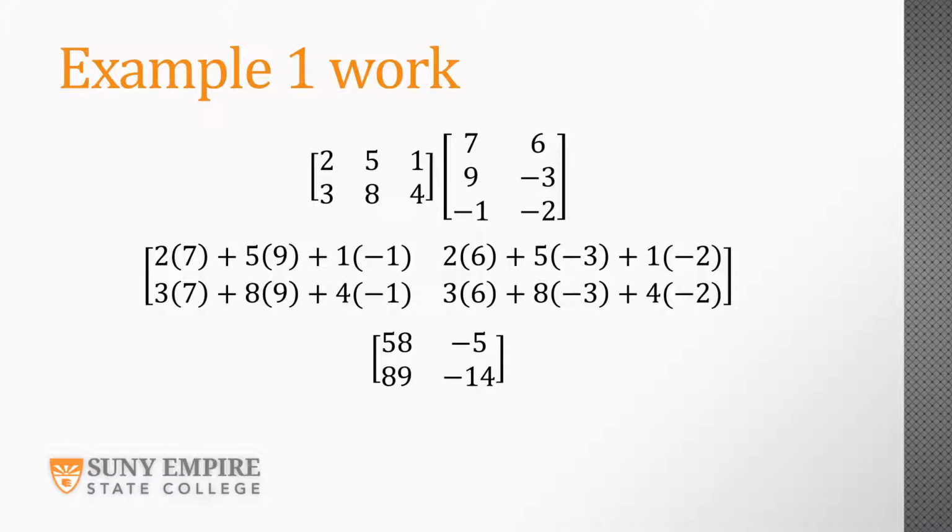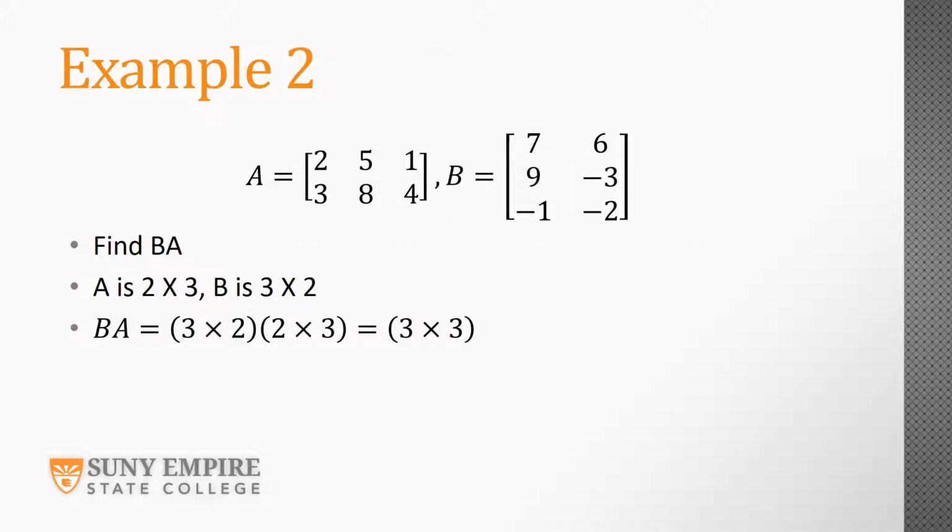But what happens if we do matrix B multiplied by matrix A? If we want to find BA, again, we need to ensure it is possible by comparing the dimensions. A is 2 by 3 and B is 3 by 2. When we write the dimensions in the correct order, the inside numbers are both 2. So the multiplication is possible.